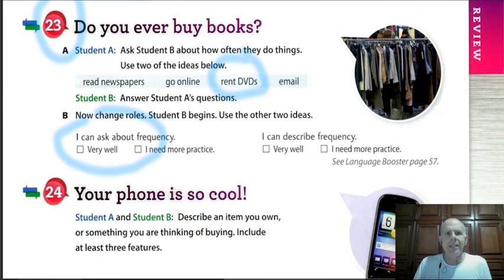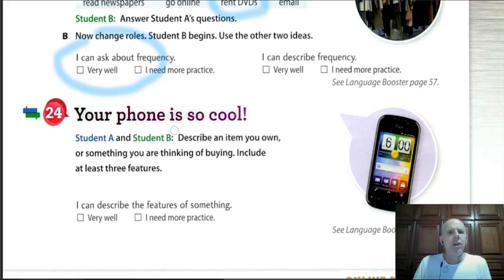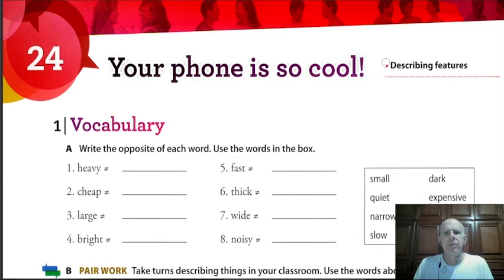And let's move on to lesson 24. Your phone is so cool. It's fresh in your mind. All the structures, right? We talked about features. And we talked about opposites.